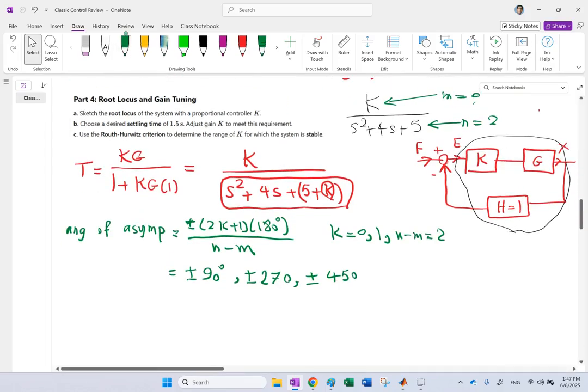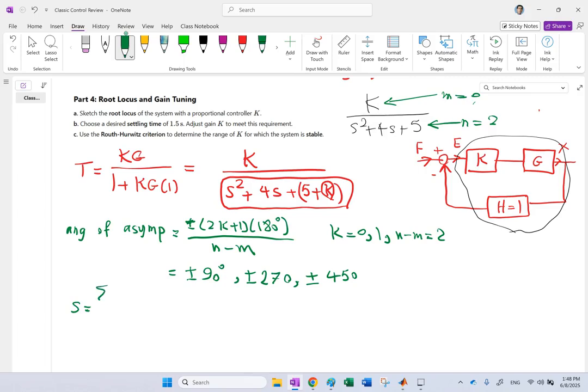The intersection of the asymptotes, where the asymptotes will hit the real axis, is equal to the sum of the poles minus the sum of the zeros divided by n minus m.